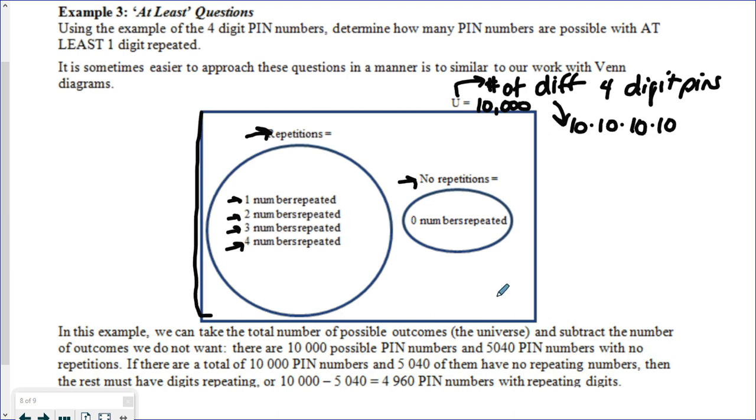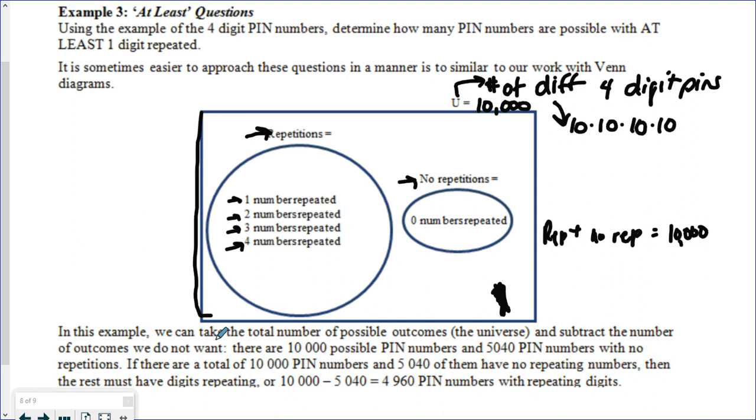There can't be something out here that has neither repetitions nor no repetitions. So repetitions plus no repetitions needs to equal 10,000, because that's our universal set.